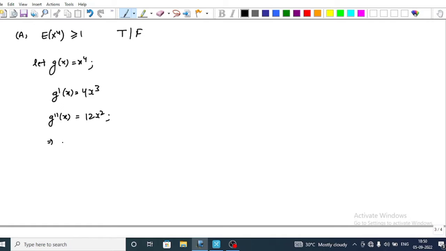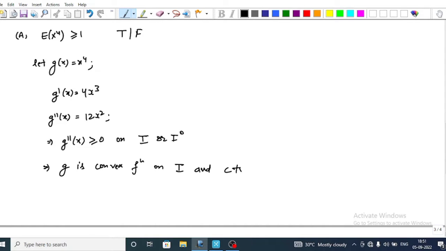Now this implies that g double prime x is greater than or equal to 0 on I or I naught. This implies that g is a convex function on I and continuous on I. So we can use Jensen inequality. This implies that expectation of g of x is greater than or equal to g of expectation of x.